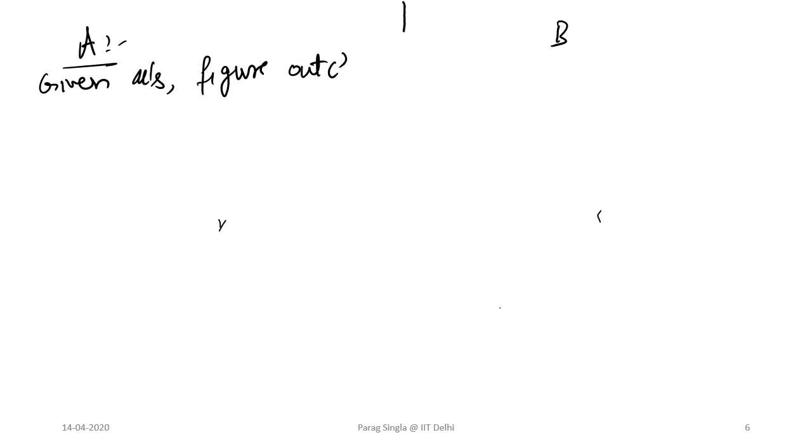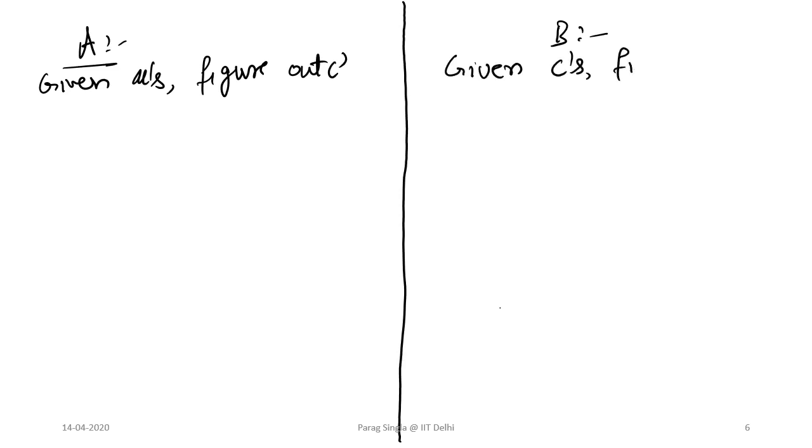Okay, great. And the B step is: given the c's, figure out what the mu's should be. Okay. Now let us look at the expression.